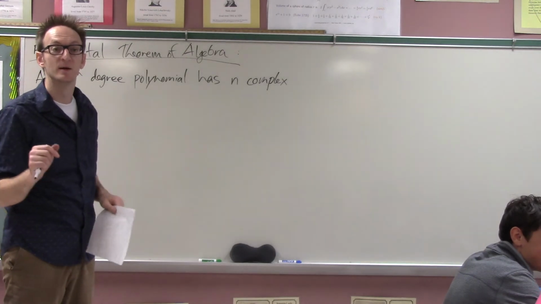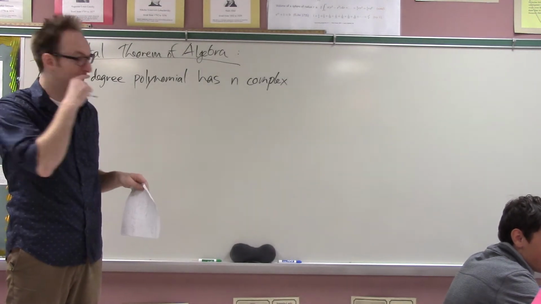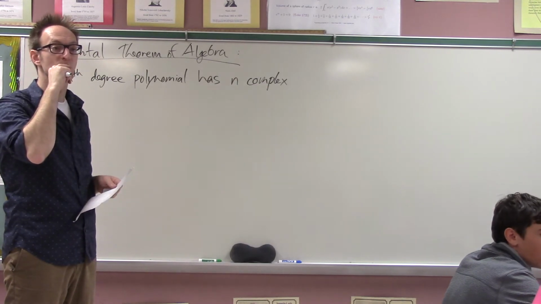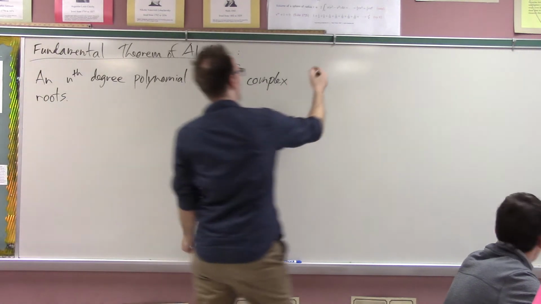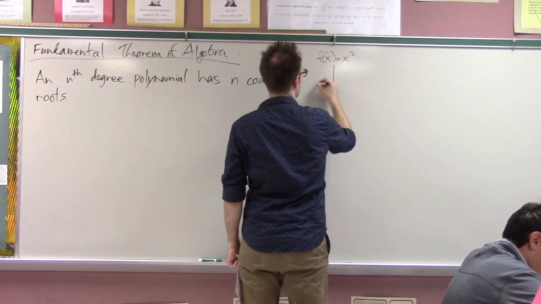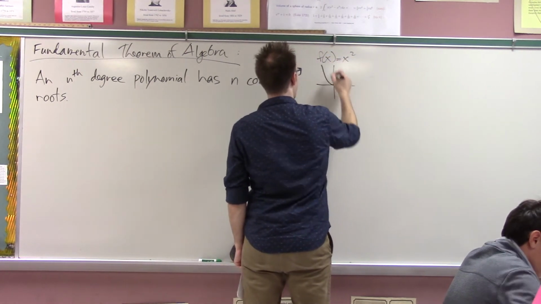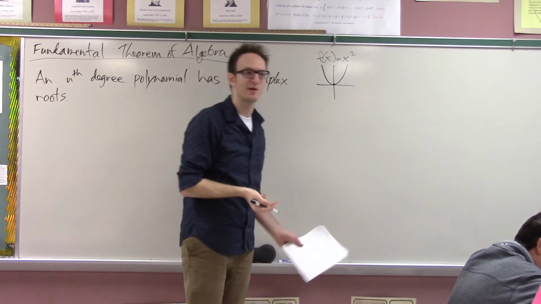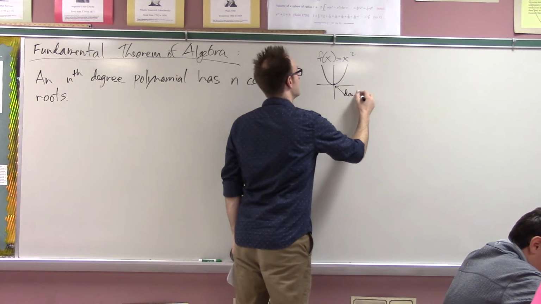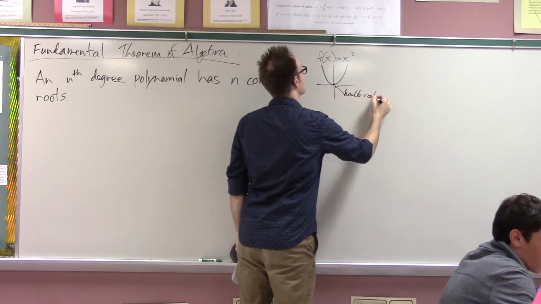Is y equals 0 a polynomial? Well, that's another problem. What about f of x equals x squared? That appears to have only one root. And I think even last year you would call that a double root, right? Yeah, exactly, we call this a double root.